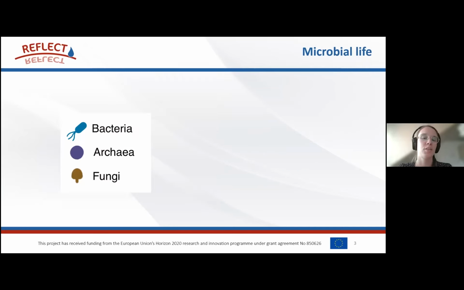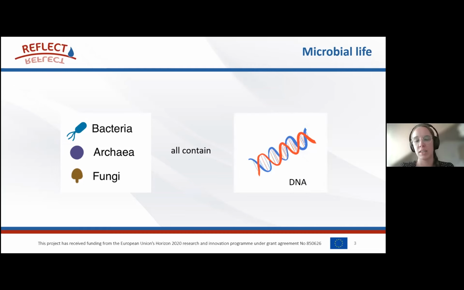If we focus on the microbes, so on bacteria, archaea, and fungi, one thing that they have in common, like all living organisms, is that they all contain DNA. This is highly useful for us because we can look at all the DNA that is present in the samples, and with that, we will be able to know which type of microorganisms are present.